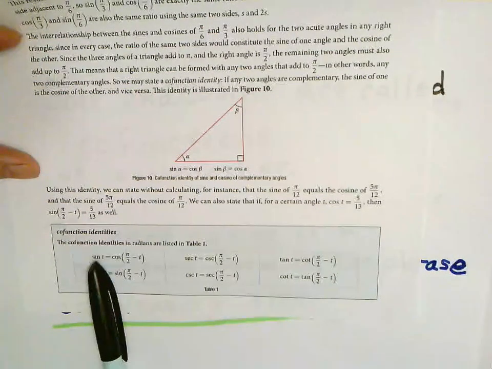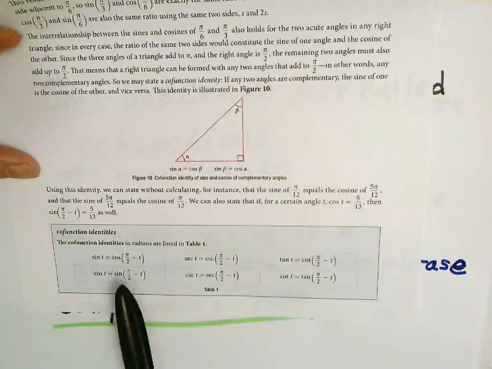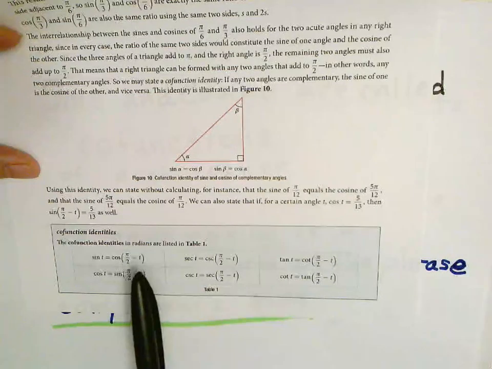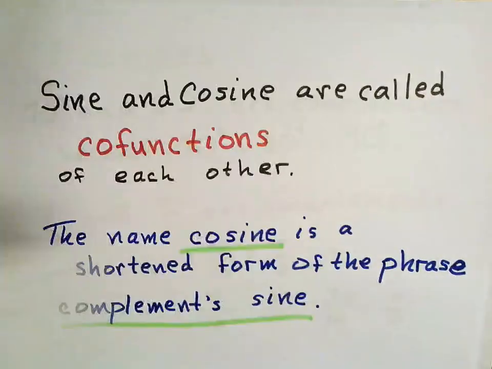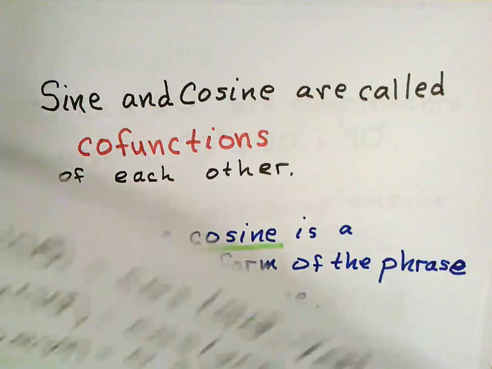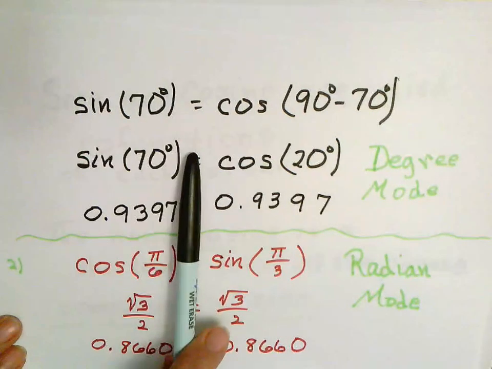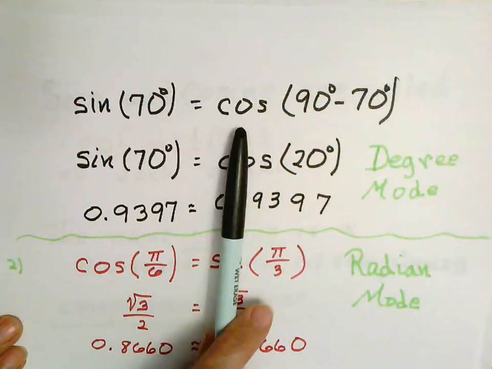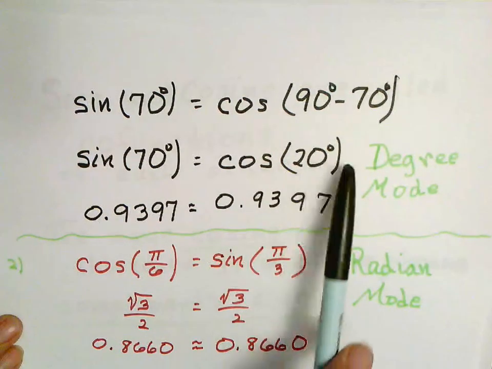Now the t is just some acute angle. And to find its cofunction, you subtract that angle from what? Pi over 2. Remember, pi over 2 is the same thing as 90 degrees. Sine of 70 degrees is equal to its cofunction, the cosine of 90 degrees minus 70 degrees, which gives us cosine of 20 degrees.